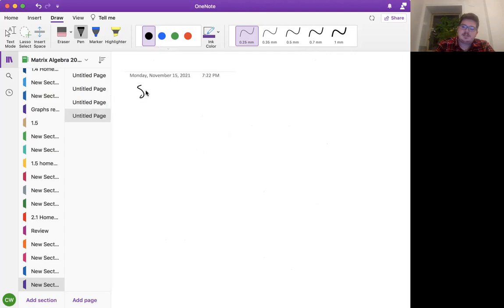Let's talk about subsets. We use the symbol that kind of looks like a less than sign. It looks like an elongated C with a line underneath. We call it subset.